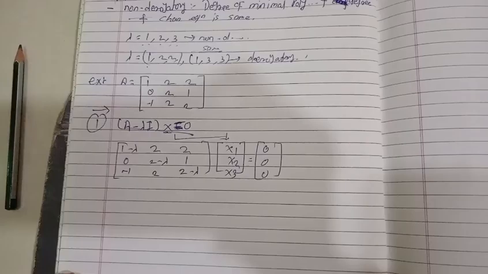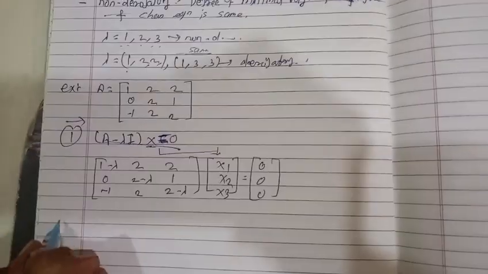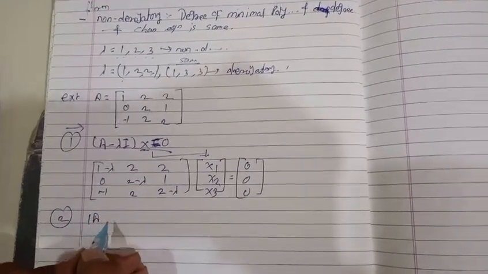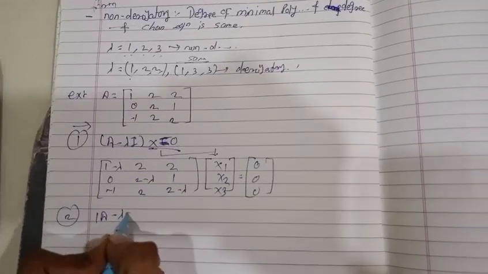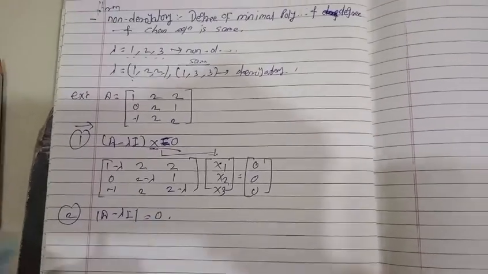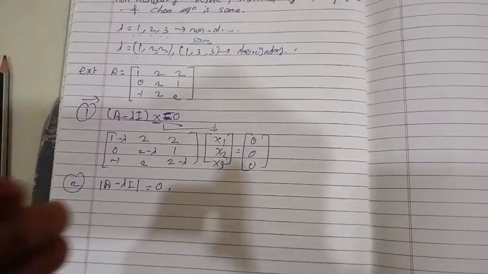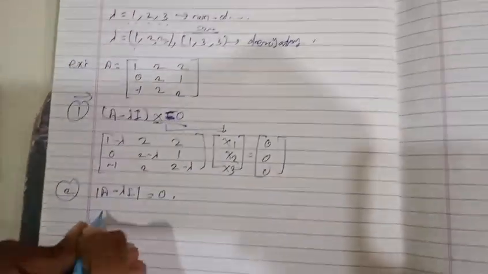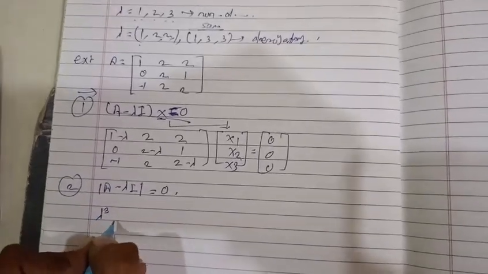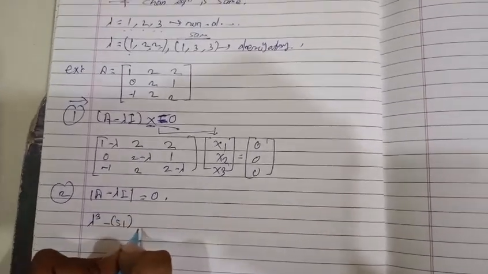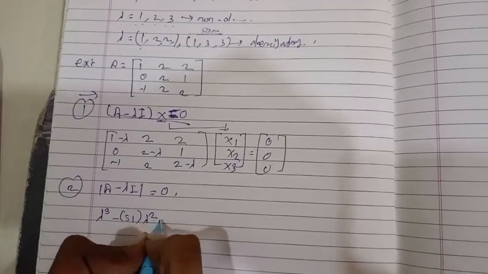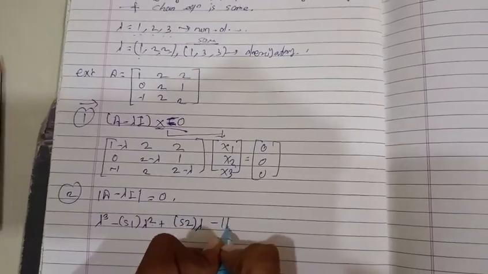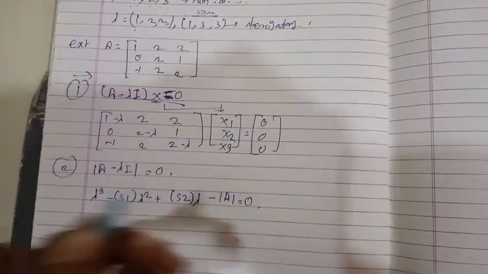And next, the second step: the magnitude of A minus lambda I, the determinant, is equal to 0. Next, the formula for that equation is lambda cube minus s1 lambda square plus s2 lambda minus the magnitude of A is equal to 0.